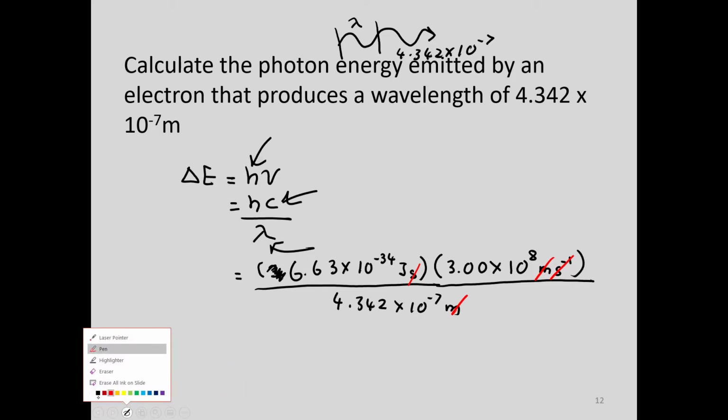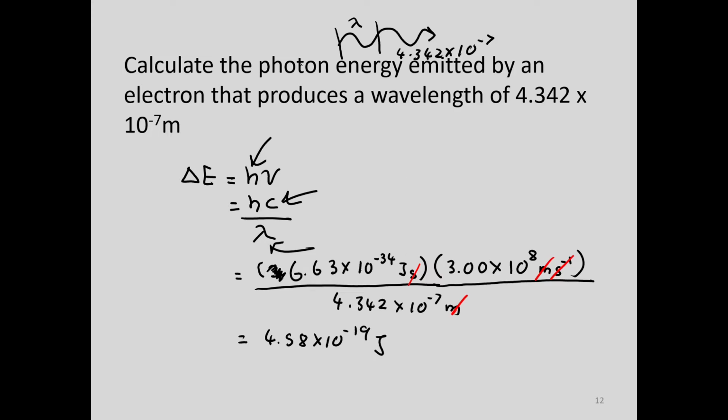So your answer should be 4.58 times 10 to the power negative 19 joules. If the question doesn't say what unit to answer in, you can leave it in joules. If it asks for kilojoules, you convert by multiplying by 10 to the power negative 3.